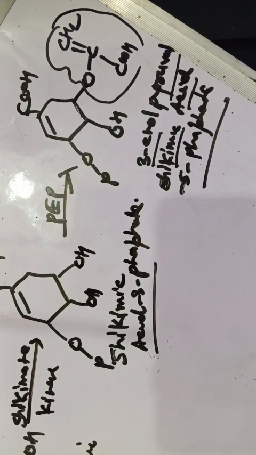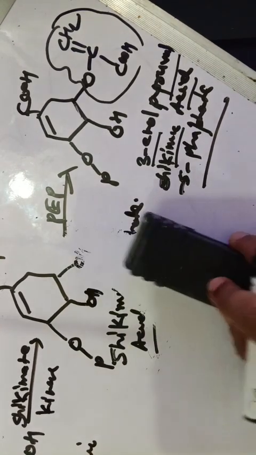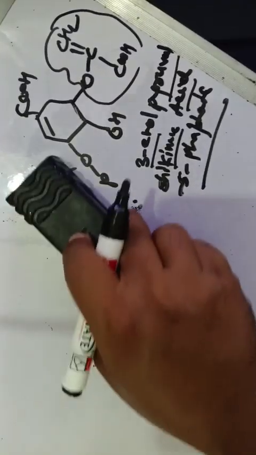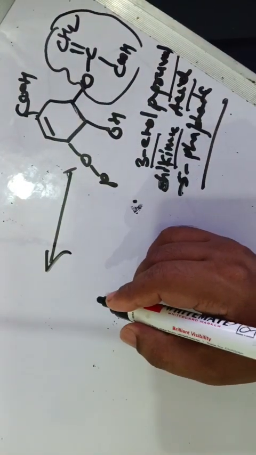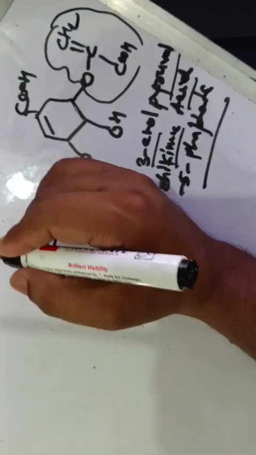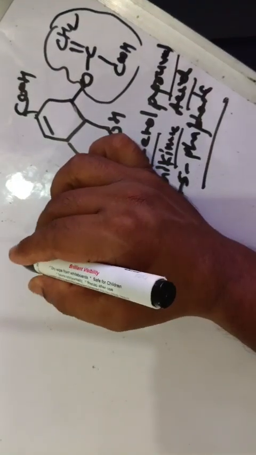And what is next happening? Now this compound goes for the next reaction. We are using chorismate synthase on this compound.